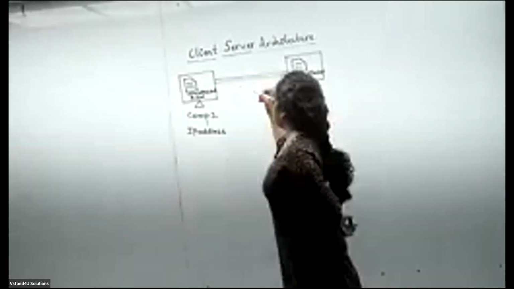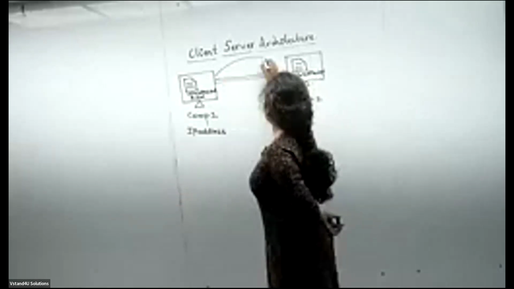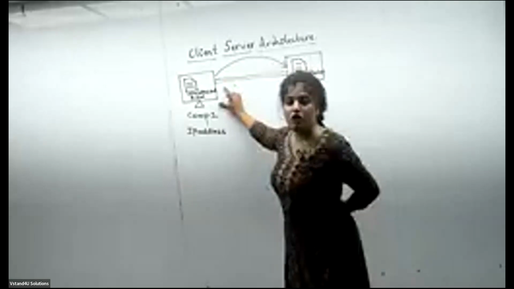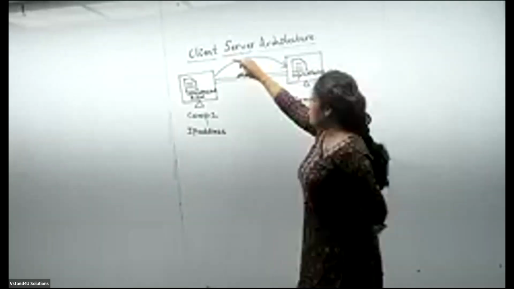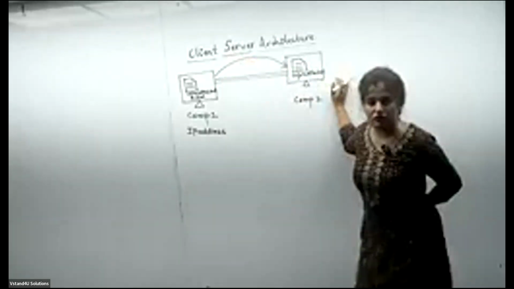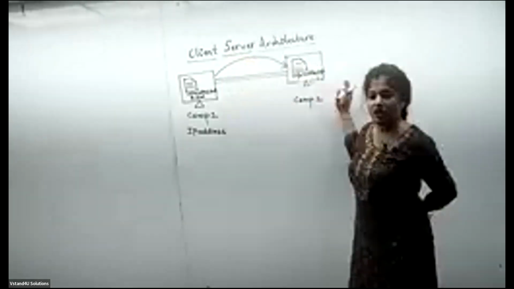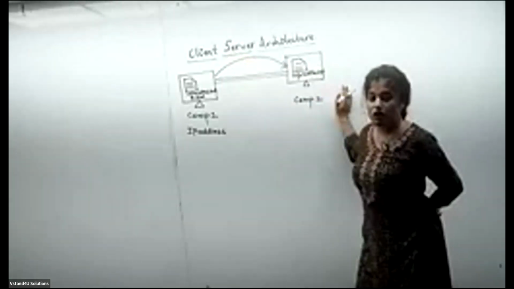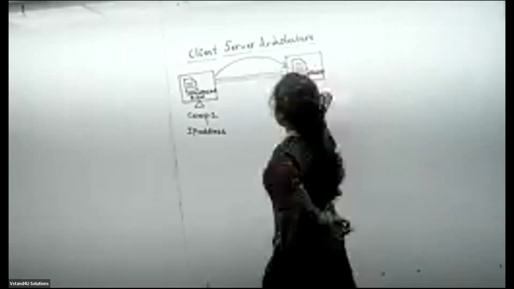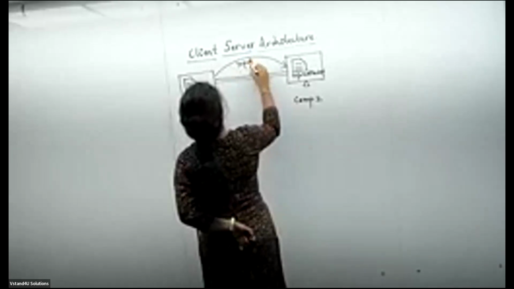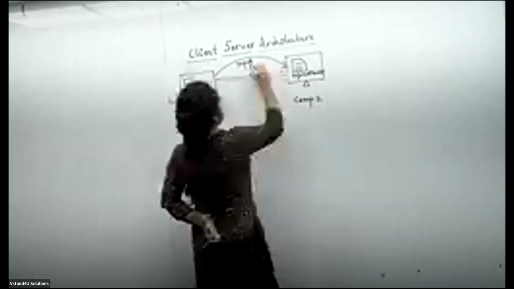See, what do we mean by client server architecture? From your file number 1, you are taking the input. Yes or no? So this will be your input, and this will be called what?